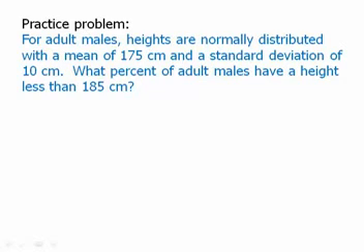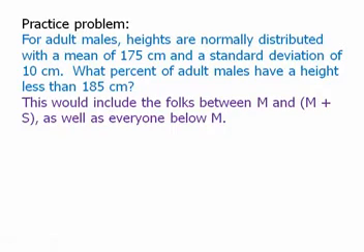Well, notice that 185 is 175 plus 10. In other words, the mean plus 1 standard deviation. So we want to know how many people are below that point that is 1 standard deviation above the mean. So of course what this is going to be is, first of all, the folks between the mean and 1 standard deviation above the mean, as well as everyone below the mean.